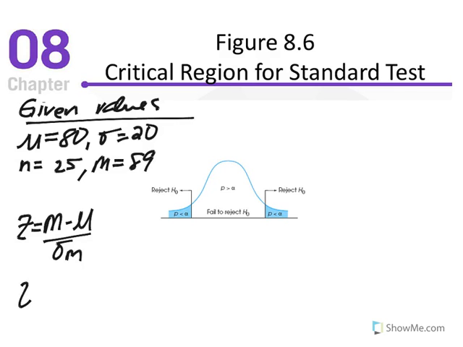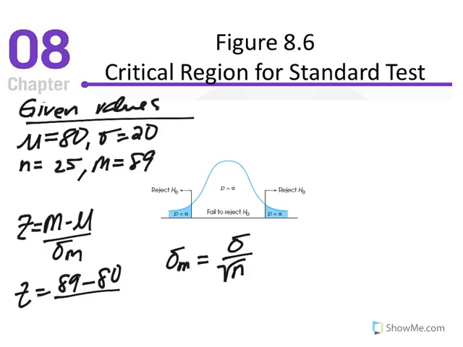If we replace variables, we know our sample statistic is equal to 89, our population mu is equal to 80, and we recognize what we're missing is the standard error of the mean. The standard error of the mean is equal to standard deviation over the square root of n. If we replace variables, the standard error of the mean is equal to 20 over the square root of 25.